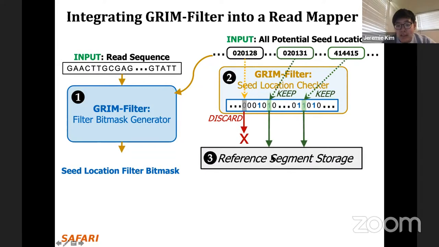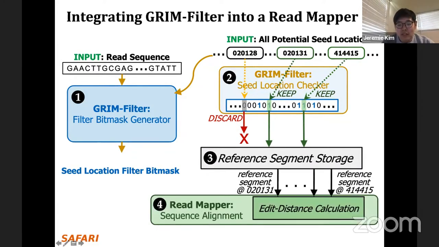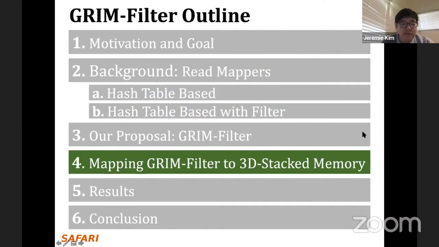We then send these locations to the reference segment storage, which extracts the segments from the reference. And then we finally calculate the edit distance using the read mapper. And so here we see that we're discarding 1 out of 3 of the visible locations at least, and therefore we're saving time on the actual edit distance calculation. And then we output the correct mappings.